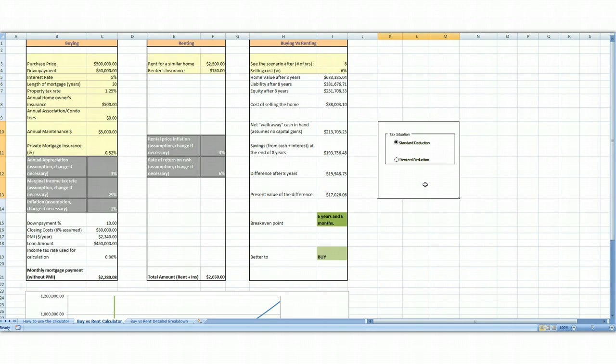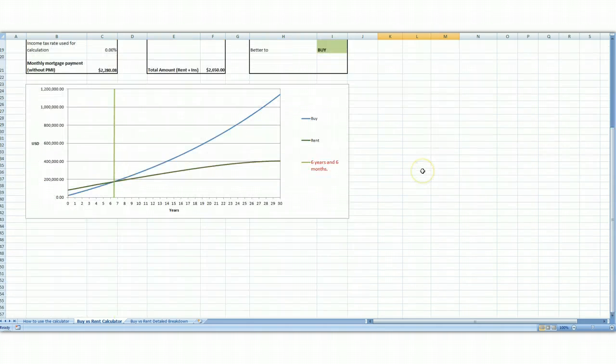The fourth section is for you to change the tax deduction on the mortgage interest. So if you have a standard deduction, you cannot take any mortgage interest deduction. So based on your own situation, you can change it here. And the final section is the graphical representation of the calculator.